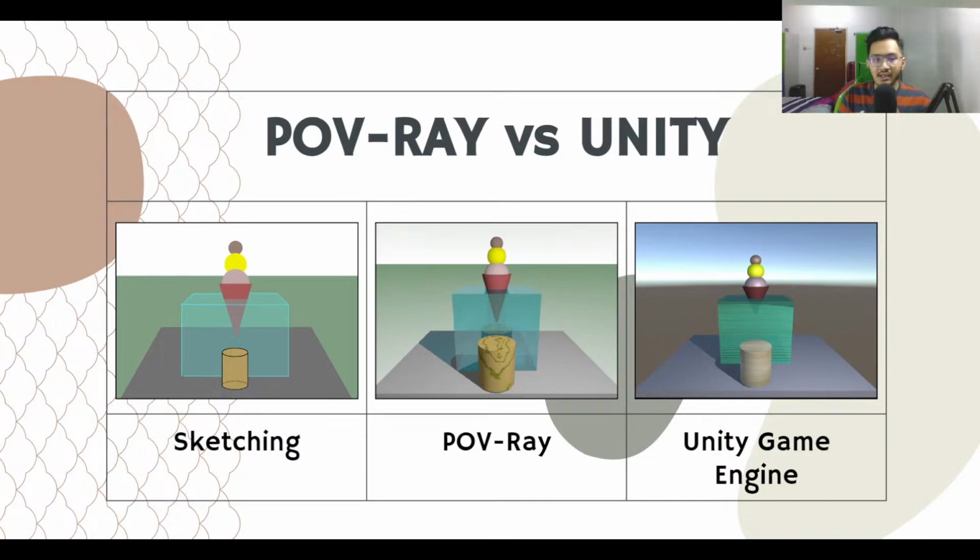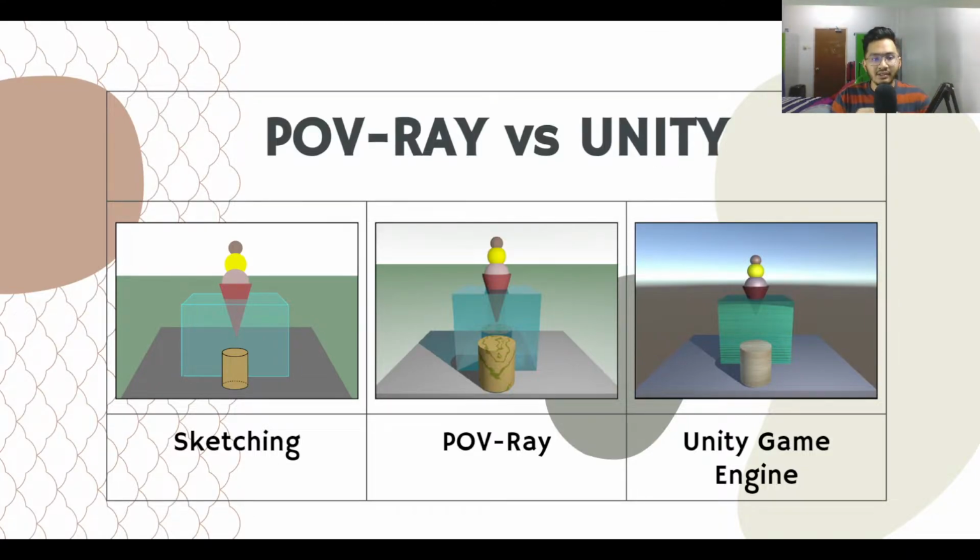In this scene, we have the image of the ice cream put in the glass cube, and in front of the glass cube, there will be a cylinder shape with wood texture.